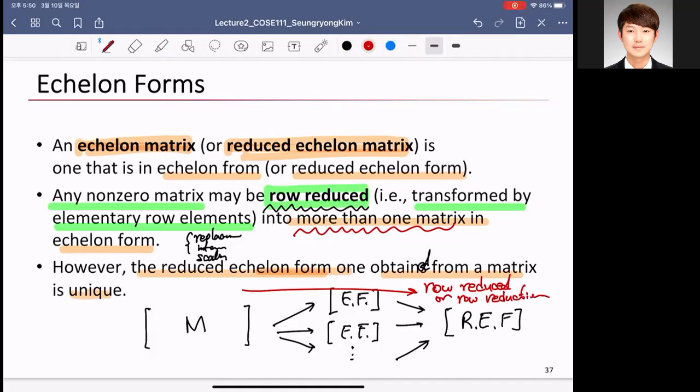So the solution set of the whole augmented matrix should be exactly the same. So the solution set of this one and this one should be the same, right? That's how these properties occur, right? So these are the properties of the echelon form.